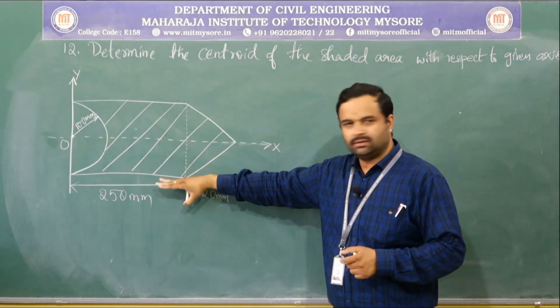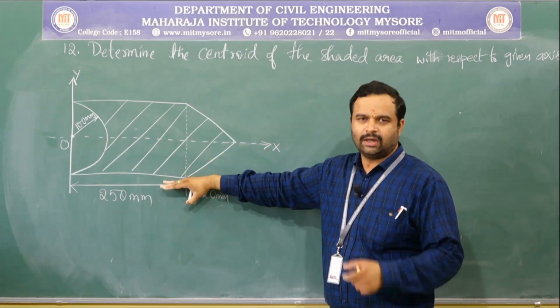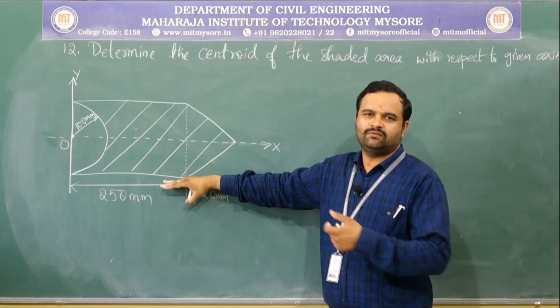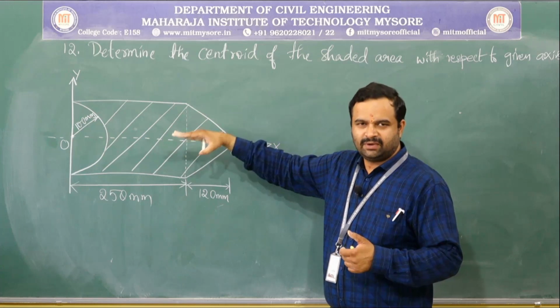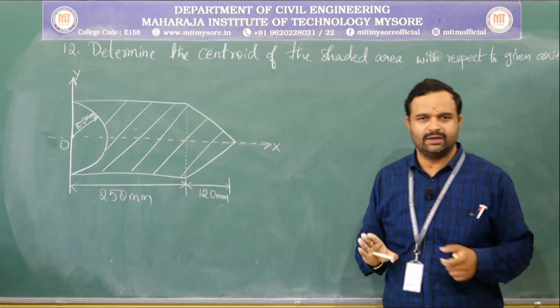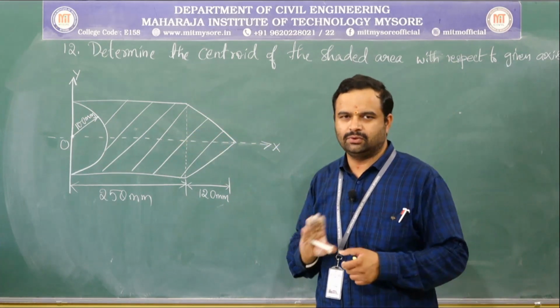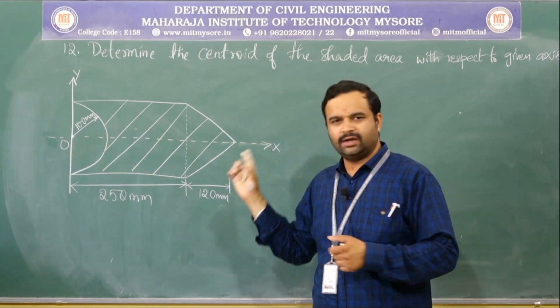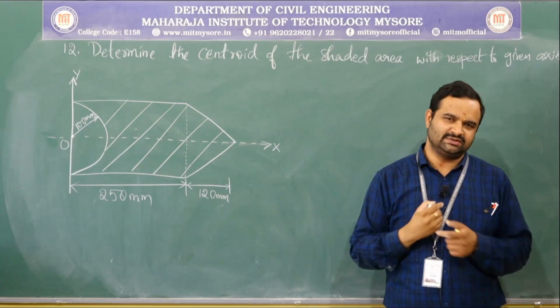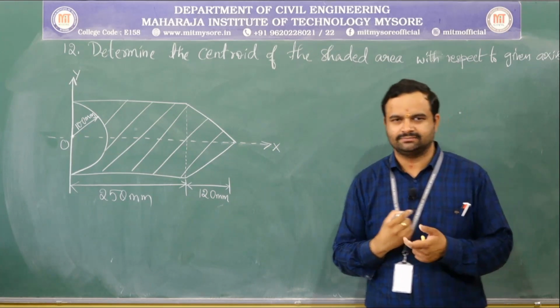If OX was written elsewhere, then we could have obtained some value for y bar. Since it is exactly at the symmetrical axis, there is no need to measure y bar at all, it will be 0. Here we need to locate only the x components, that is, calculate x bar.